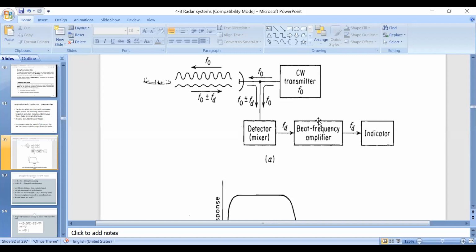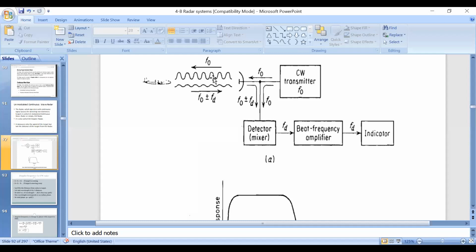Here, this amplifier acts as a filter as well as an amplifier. It filters, it rejects the echo signals from the stationary target, because what is the function of this continuous wave Doppler radar? Why are we calling this a continuous wave Doppler radar?